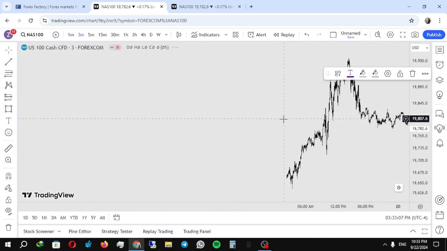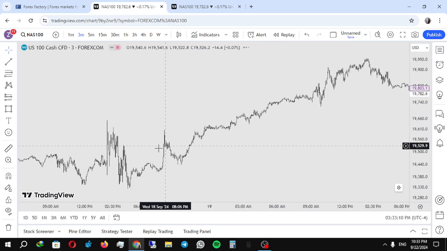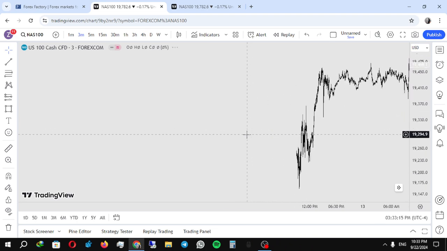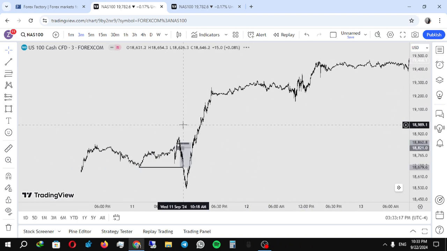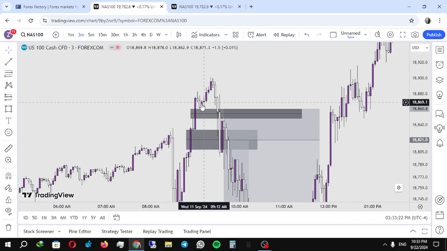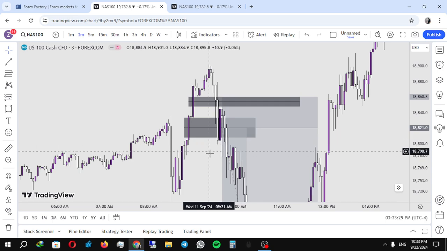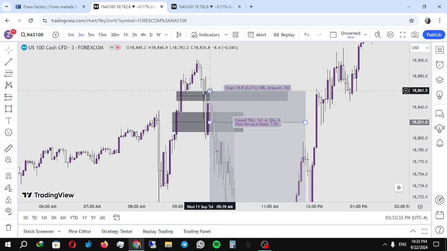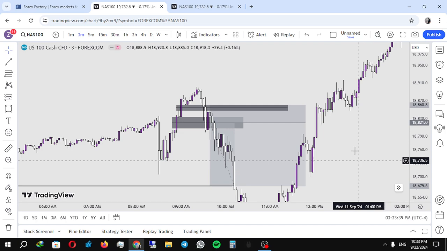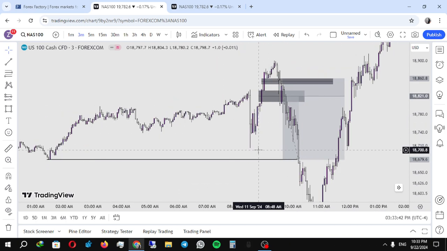If we go to the 3 minute and zoom in more, you would have a market structure shift right here, and that's a better confirmation. So the same entry, the same logic, and your stop would be at the 0.5 of that candle at 9:33.